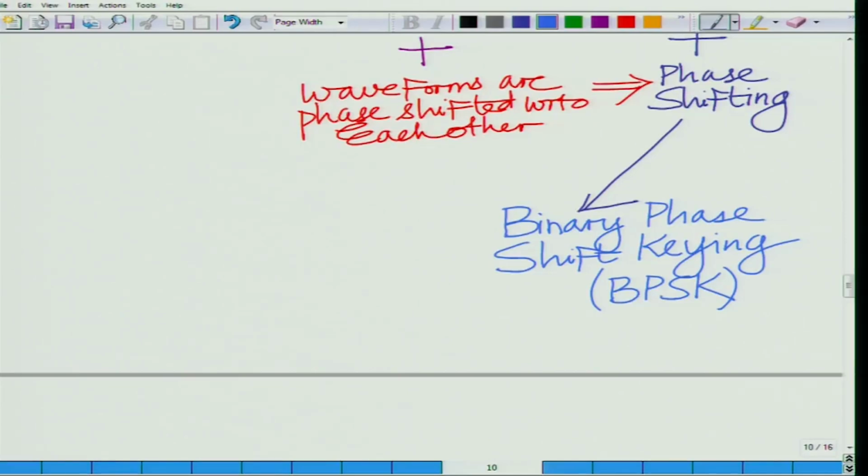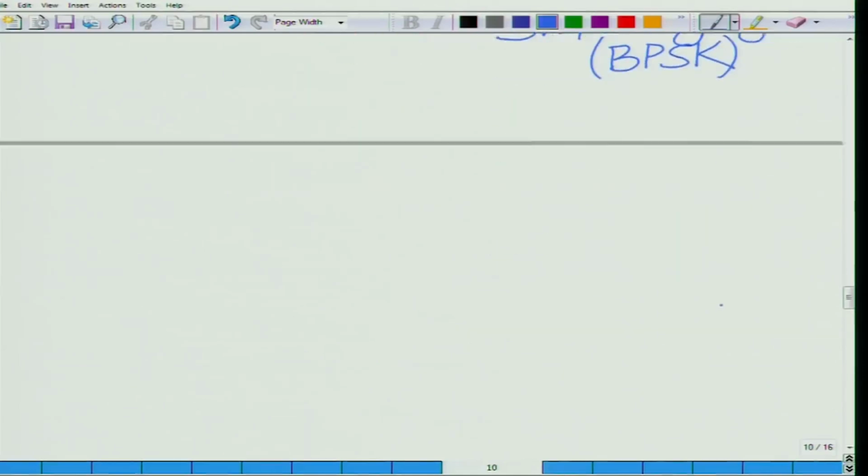Now we know what is optimal. We are employing A times p(t) and minus A times p(t); we have already seen a similar scheme.